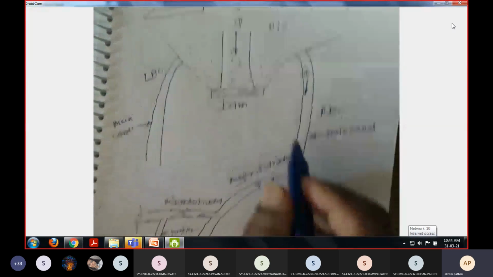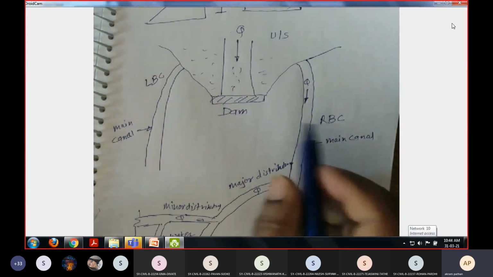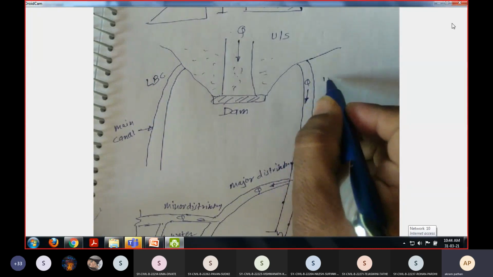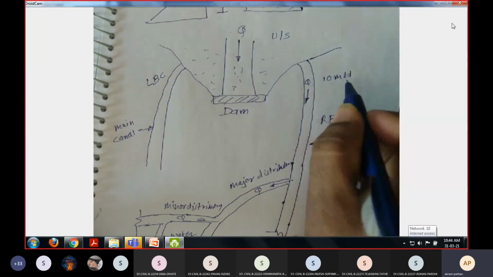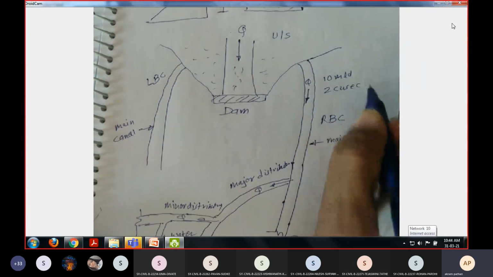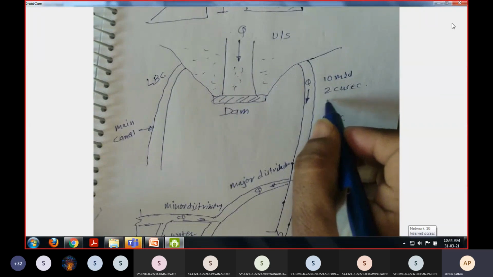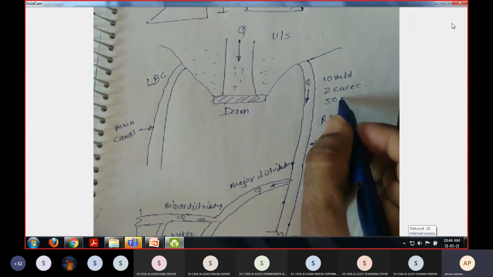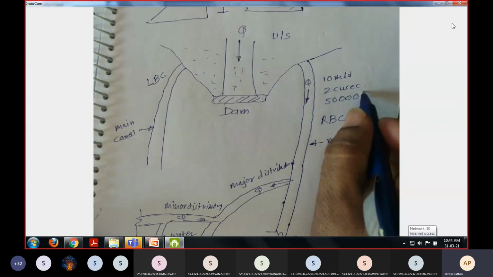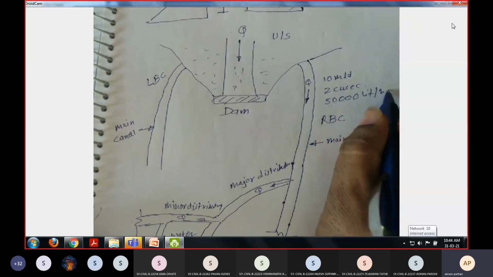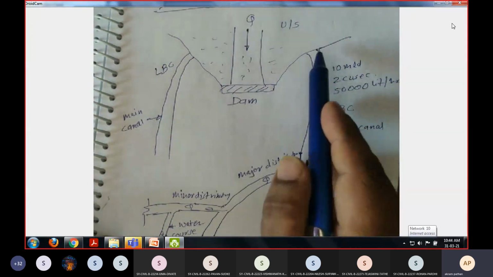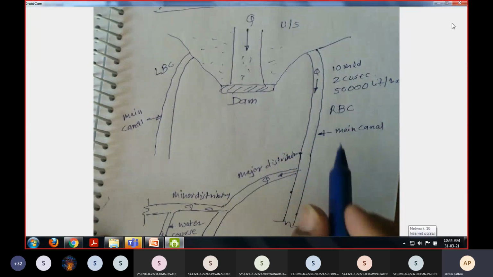For example, if you want to supply water for irrigation, say 10 MLD, or 2 cusecs, or 50,000 liters per hour or per second. For example, this is the discharge we have to supply in the main canal.